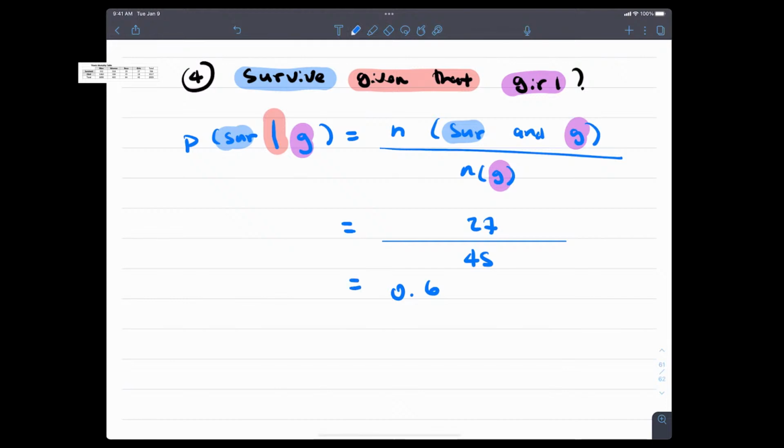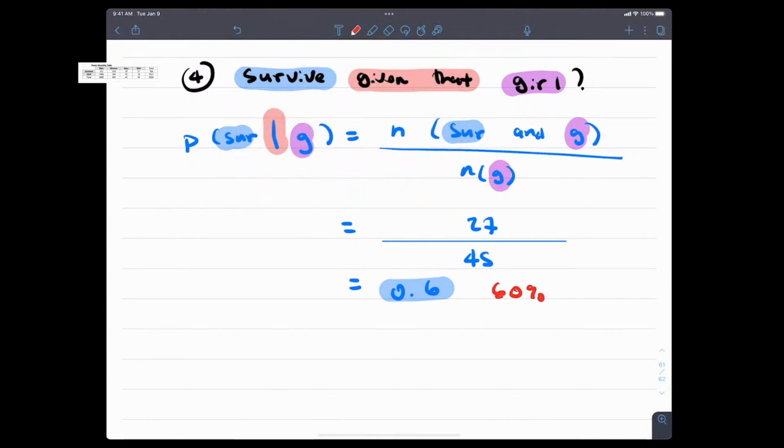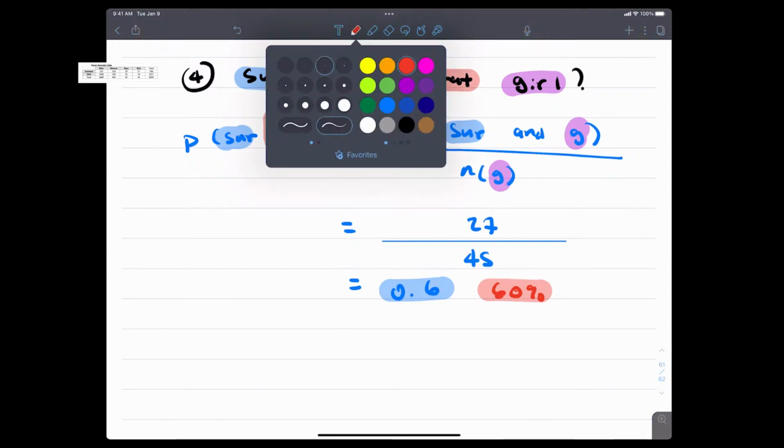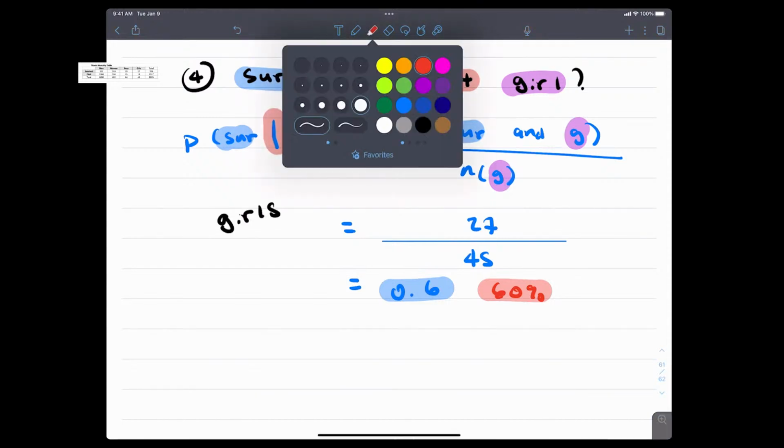Does anybody happen to know what 0.6 is as a percent? That's 60 percent. 60% of the passengers on the Titanic, what? Survived, or I should say, not of the passengers, 60% of who? Girls. So it's 60% of the girls survived.